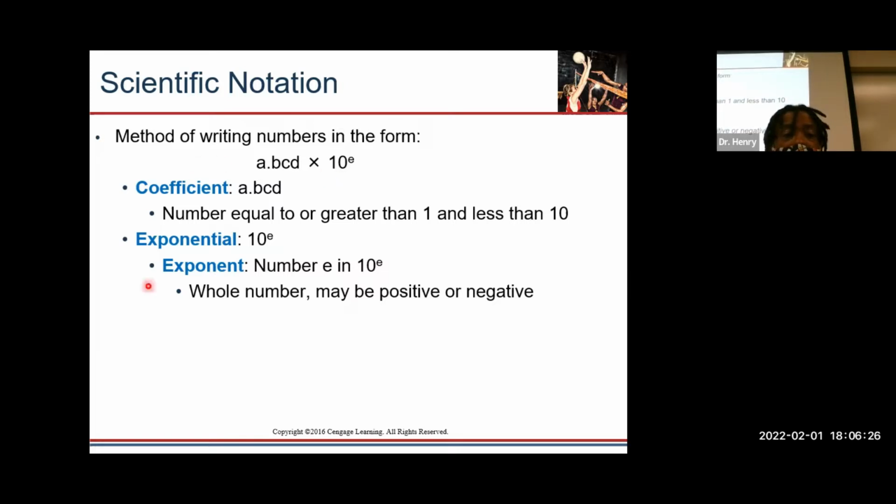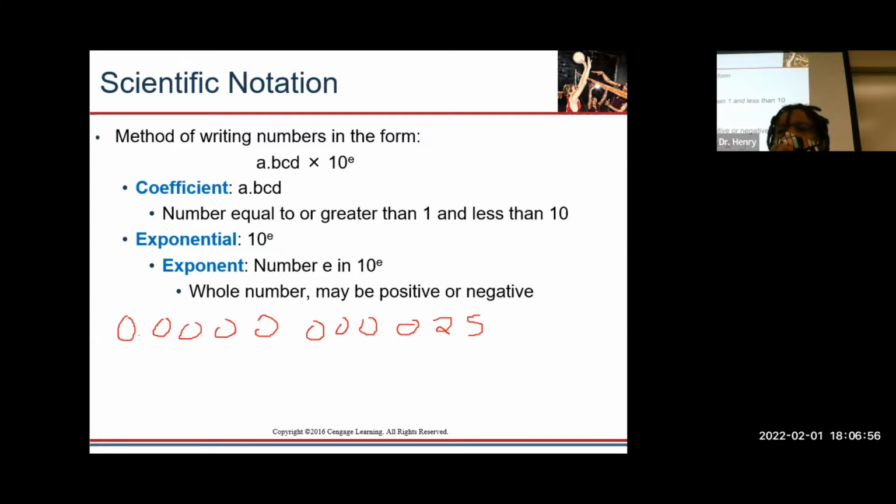So if we had that number, it would be a pain to sit there and write that over and over again. So we basically come up with a way of doing that, and that's called scientific notation.